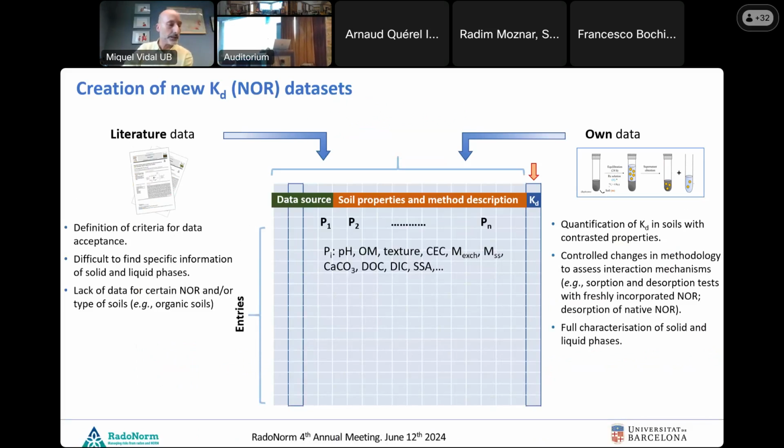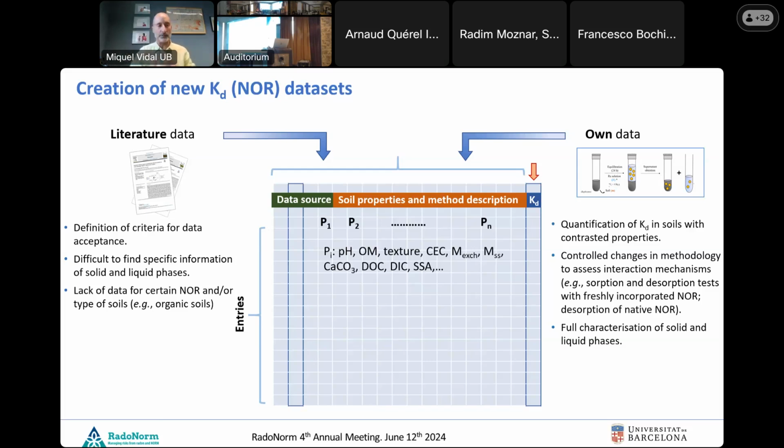And then we need large data sets to be able to derive representative KD values for the scenario to be assessed. So in the frame of this task, we have gathered data available in the literature, defining criteria for acceptance.